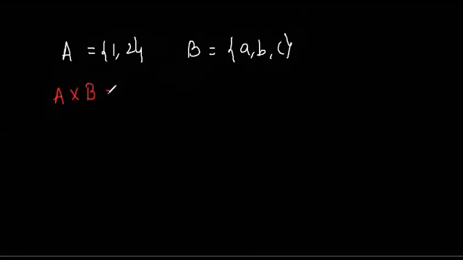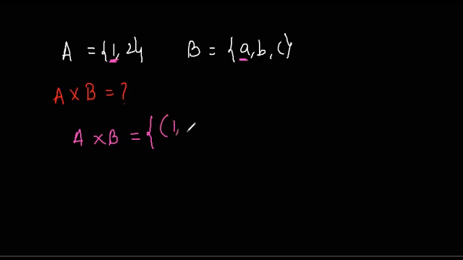A cross B will be the ordered pairs (a, b), where a belongs to the set A and b belongs to the set B. So here we have to create the ordered pairs: (1, a), (1, b), (1, c).